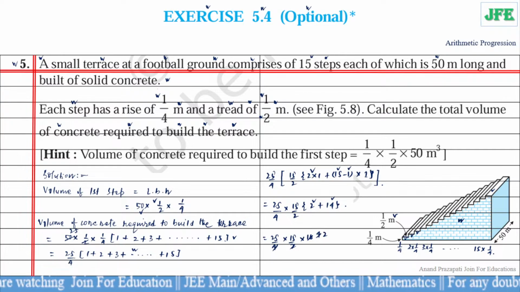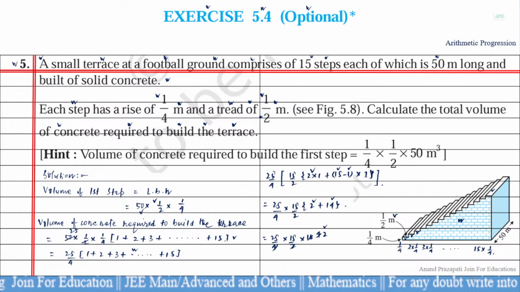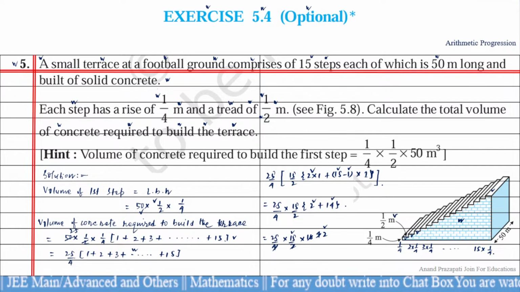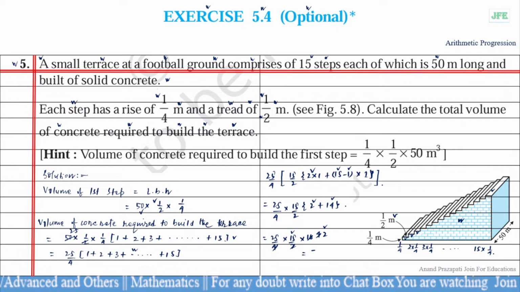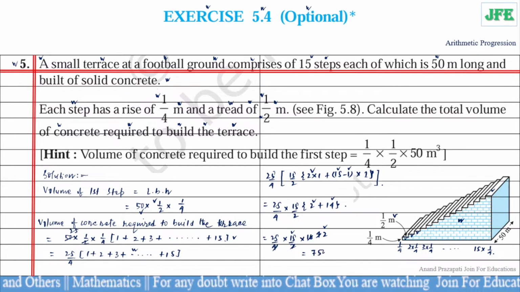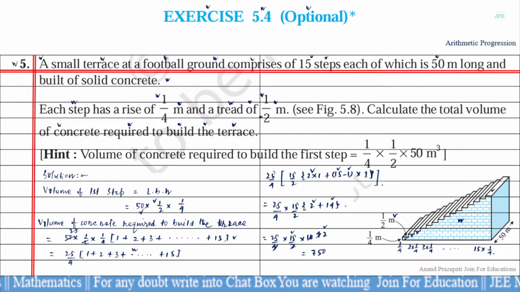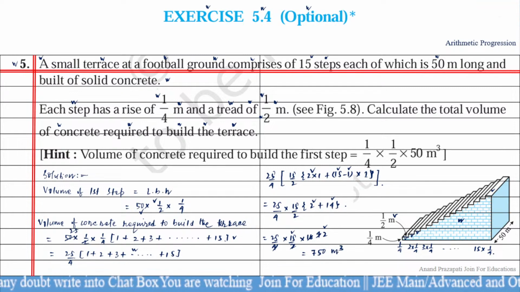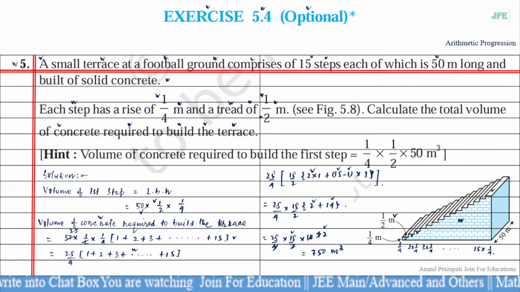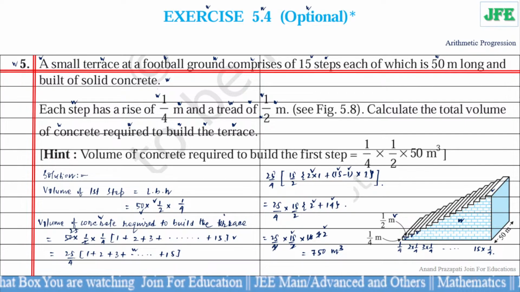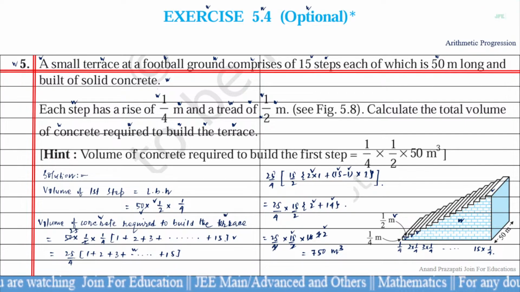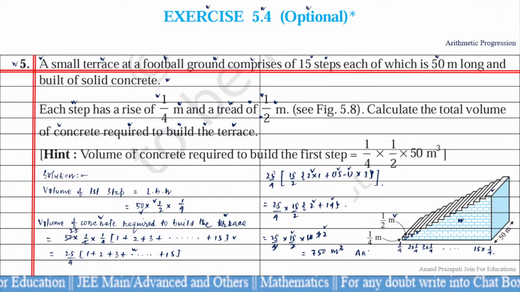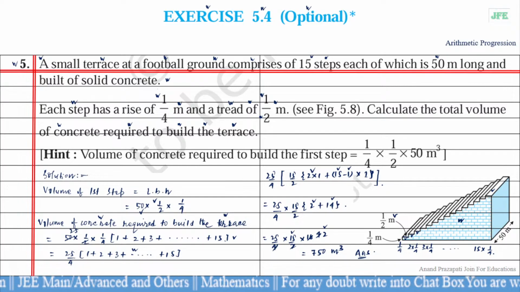So multiplication: 2 into 15 is 30, and 30 into 25 is 750, and unit will be cube meter. So the volume of the concrete required to build the terrace is 750 cube meter. So this will be the answer of this question.